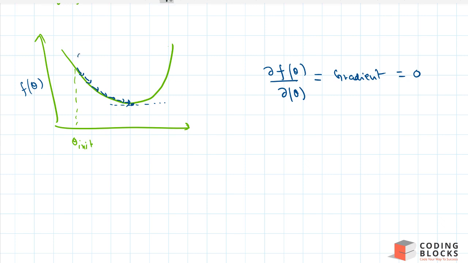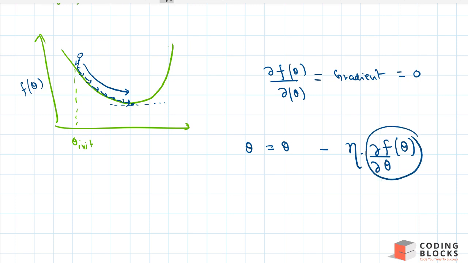Suppose you are standing on this hill and you want to go into the valley. You will make updates using this rule: theta equals theta minus eta times the partial derivative of f(theta) with respect to theta. This value is nothing but the gradient, or the slope.